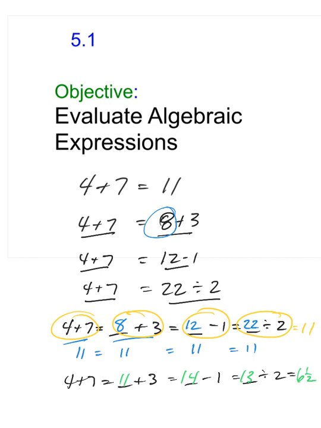That means you don't understand that we're including this whole thing, because this side equals 11, and this would equal 14. This would equal 13. And as we just said, this is equal to 6.5.